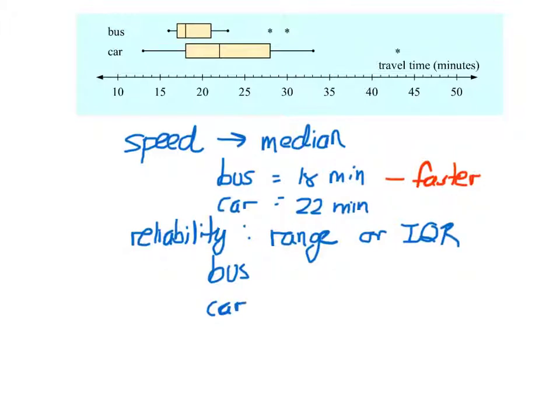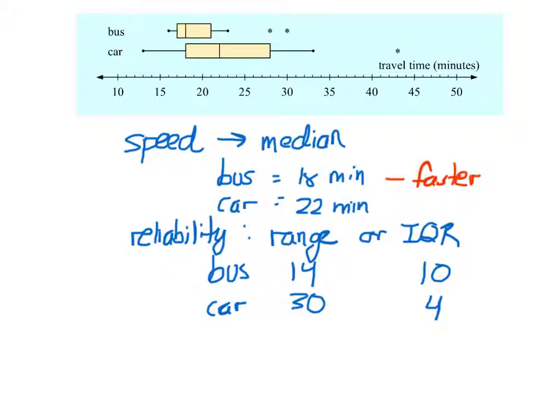And we see from the data, again, the range is max minus the min. We see from the data that the bus has a range of 14 minutes, whereas the car has a range of 30 minutes. And the interquartile range for the bus is 10 minutes, and the interquartile range for the car is 4 minutes.